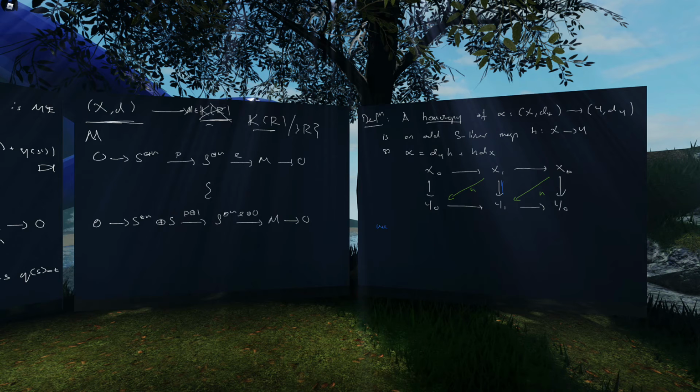We say two morphisms alpha and beta are homotopic if there exists a homotopy of alpha minus beta. Okay, and then we obtain the homotopy category of linear factorizations by identifying homotopic morphisms, right?